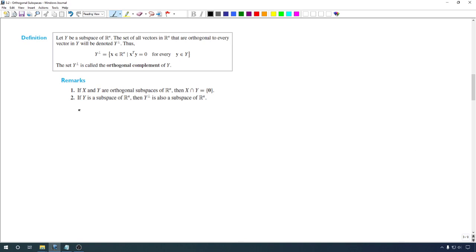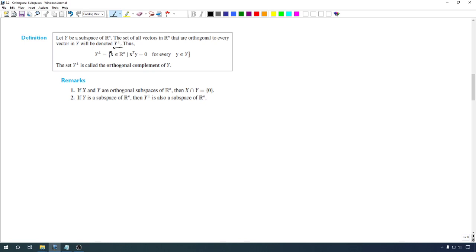If we start with a subspace of Rn, it's actually easy to come up with another subspace that is orthogonal to it. We can just take all vectors that are orthogonal to everything in our subspace Y. So here we have a definition. Let Y be any subspace of Rn. The set of all vectors in Rn that are orthogonal to every vector in Y we denote with this notation, Y with the perpendicular sign.